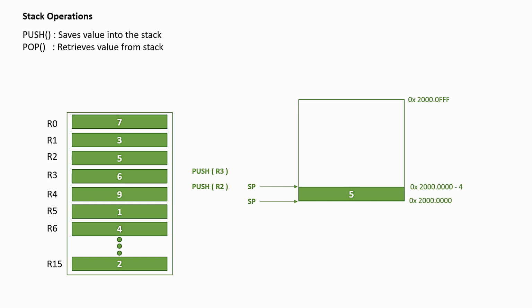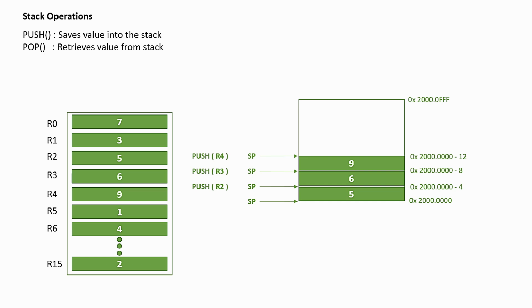And now when I push the R3 data onto the stack, the R3 data right over here is integer 6. The integer 6 is stored and the stack pointer moves to the next consecutive four bytes, since the ARM Cortex-M processor is processing with a 32-bit address. And when I try to push R4, R4 has the data 9.